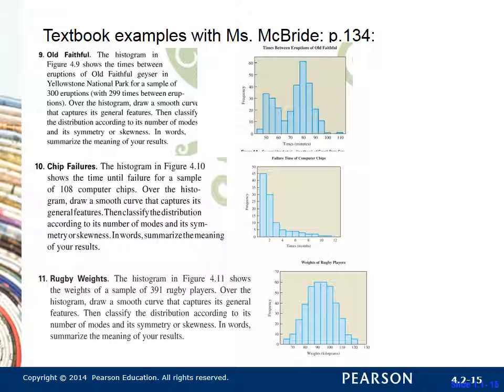Now let's do that first so we can see it's bimodal, has two humps, if you will. Its symmetry or skewness, and this is not symmetrical. And you really can't even say it's skewed because it's not really pulled to the left or to the right. Now I will mention that your book says that this is left skewed.